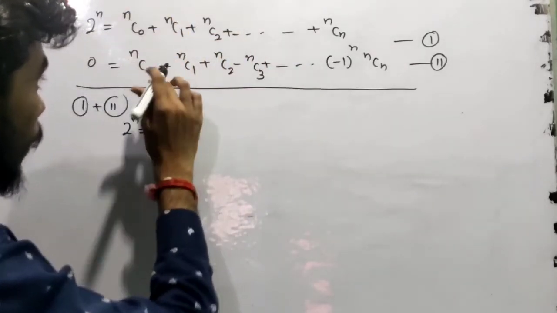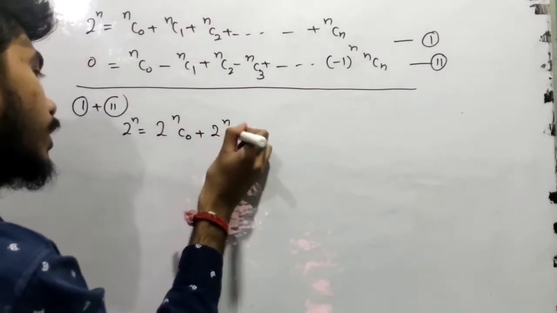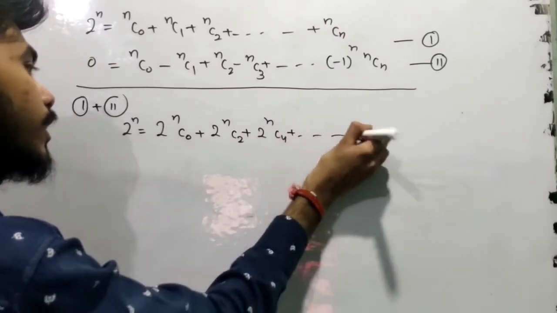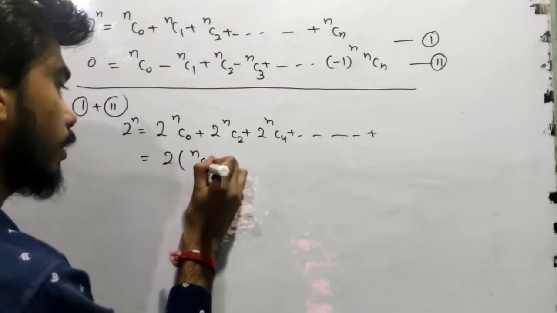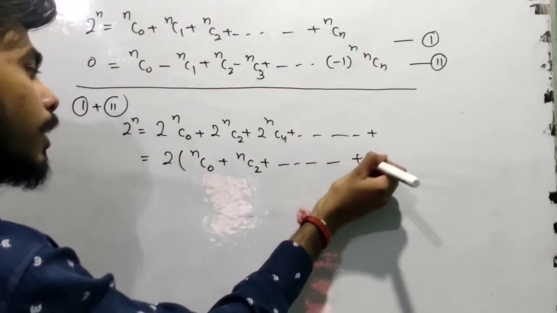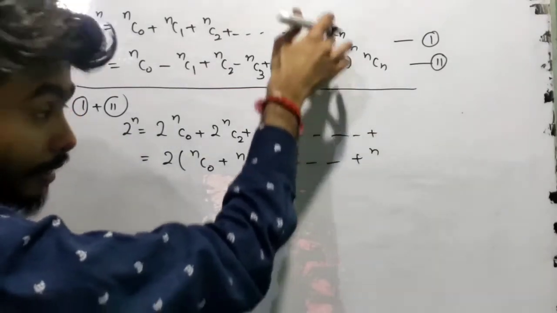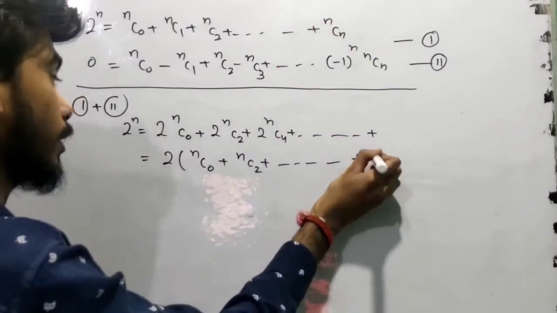We get twice nC0 plus twice nC2 plus twice nC4 and so on. Then we take 2 common, so nC0 + nC2 + nC4 + ... It depends upon the sign: if it is minus, then these two will cancel out, and if it is plus, then these two will add.